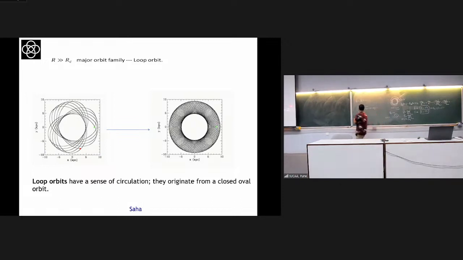So M gas divided by M star, this ratio is not zero, because most galaxies actually have gas there.